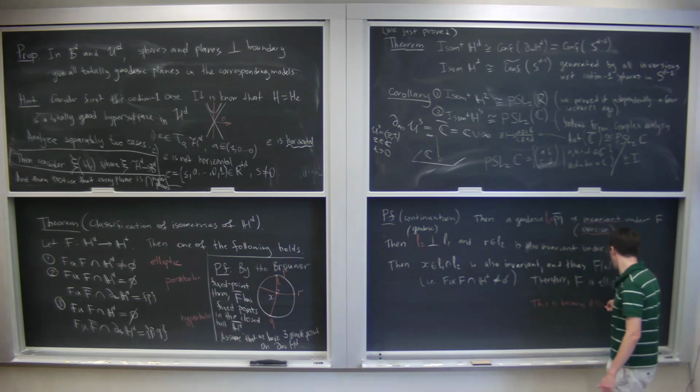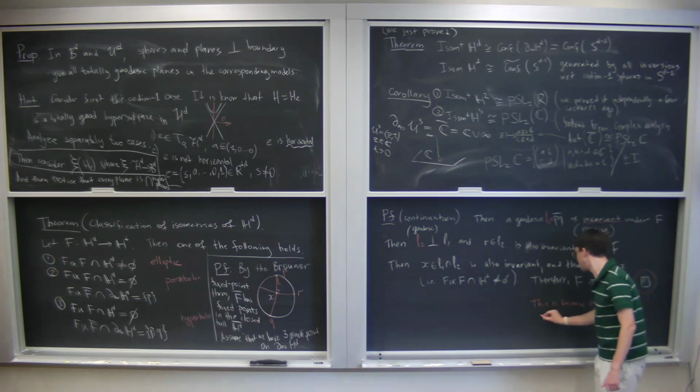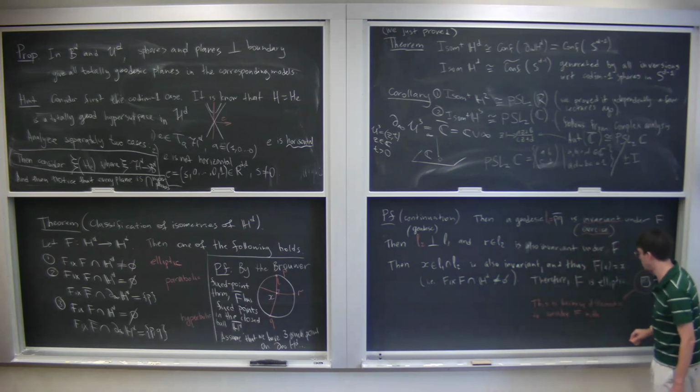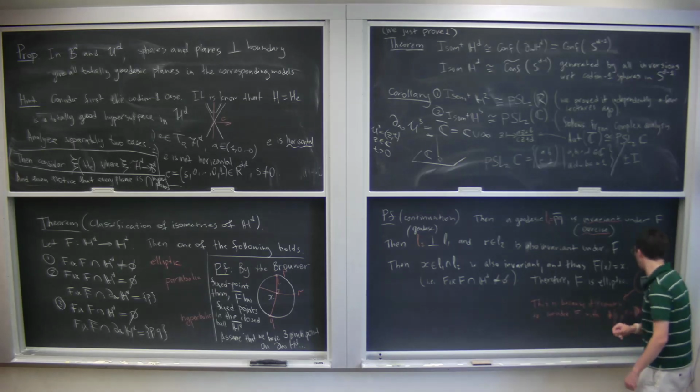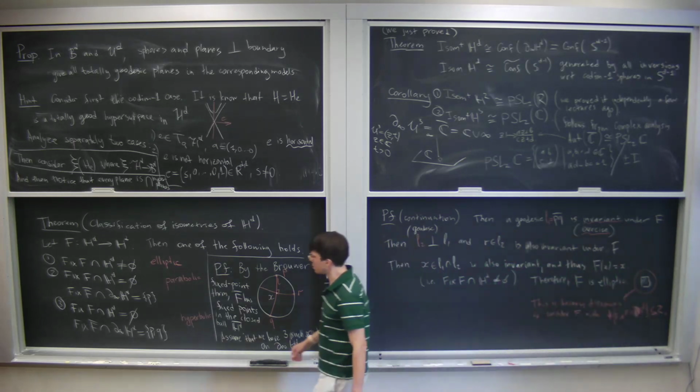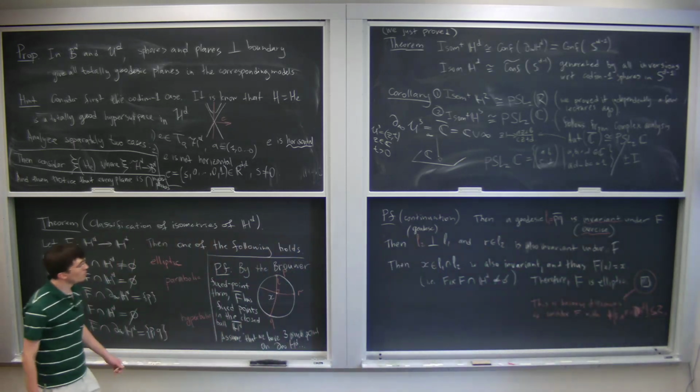It remains to consider F with the cardinality of the fixed points on the boundary equal to 1 or 2. And then you will get parabolic and hyperbolic isometries.